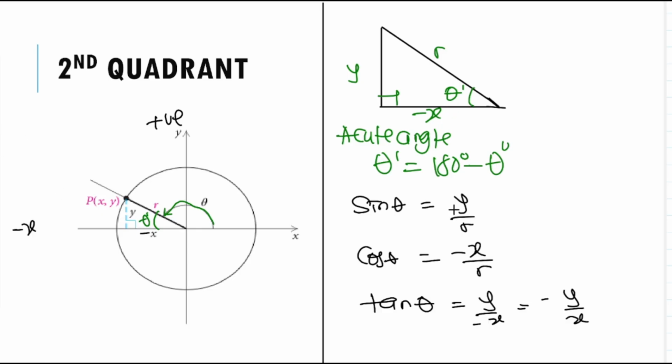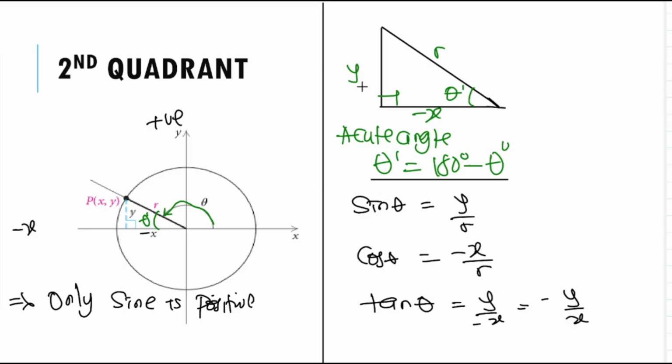In the second quadrant, only sine is positive. Cosine and tangent are negative, and the definition for the angle there is given as theta prime equals 180 minus theta.